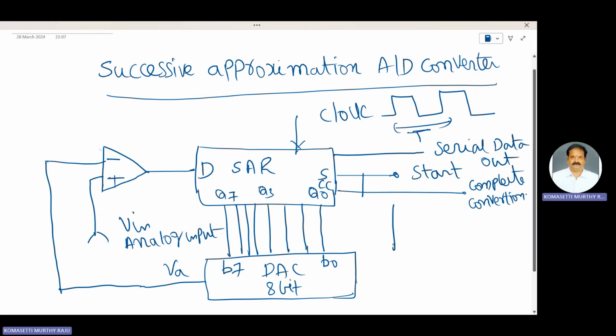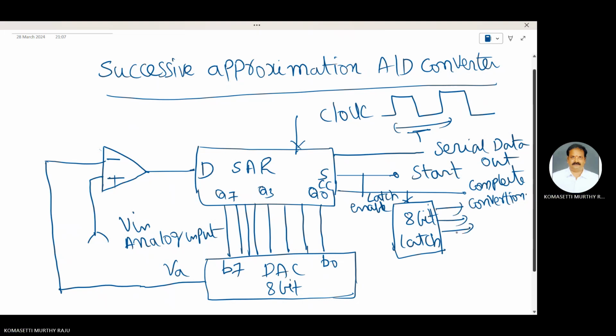This one is an 8-bit latch. This one is latch enabled. The 8-bit latch stores the 8 bits. This is the output, 1, 2, 3, 4 up to 8.